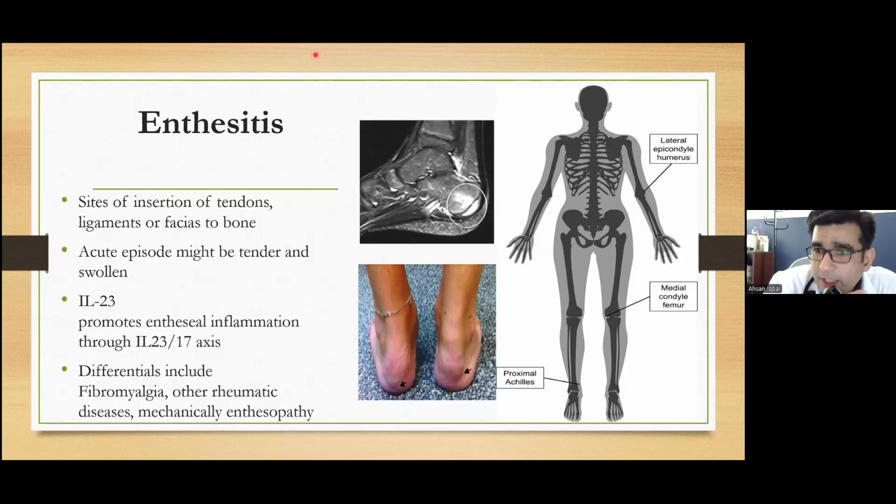Interestingly, lower back pain is also a form of enthesitis. Essentially, that's where the swelling occurs. But if the patient reports heel pain or elbow pain, especially on tenderness, that should be of concern because that could potentially be psoriasis progressing towards psoriatic arthritis.